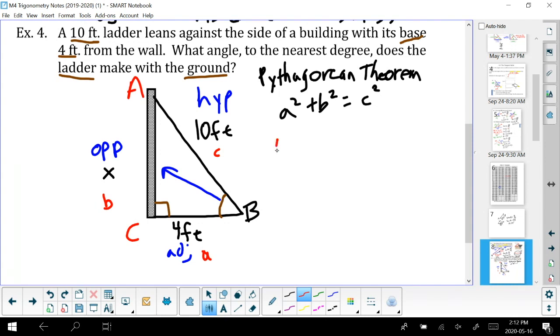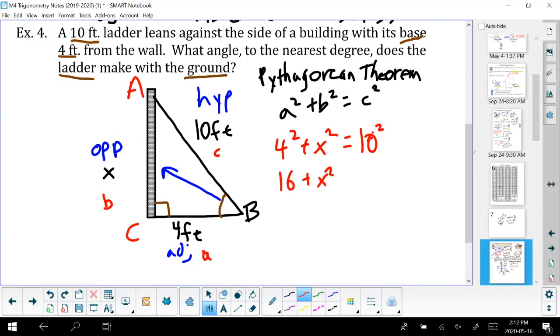So from here we've got 4 squared plus x squared is equal to 10 squared. Now I'm just pulling these numbers from my sides here. My value of a is 4, so I have 4 squared plus your b squared, which is just x squared, is equal to c squared, which is 10 squared. We can simplify this a little bit. 4 squared is 4 times 4, which is 16.